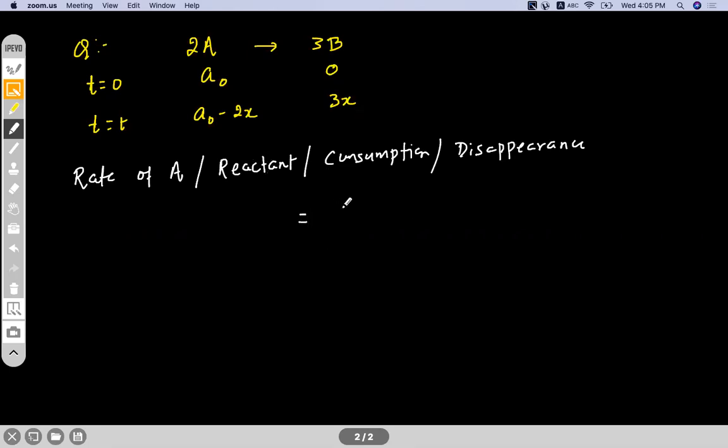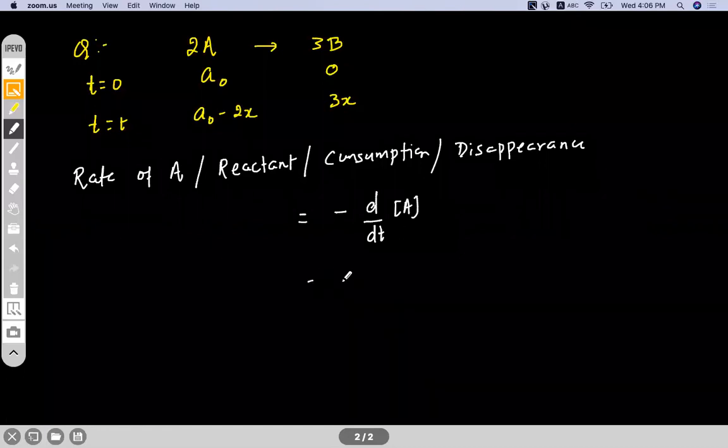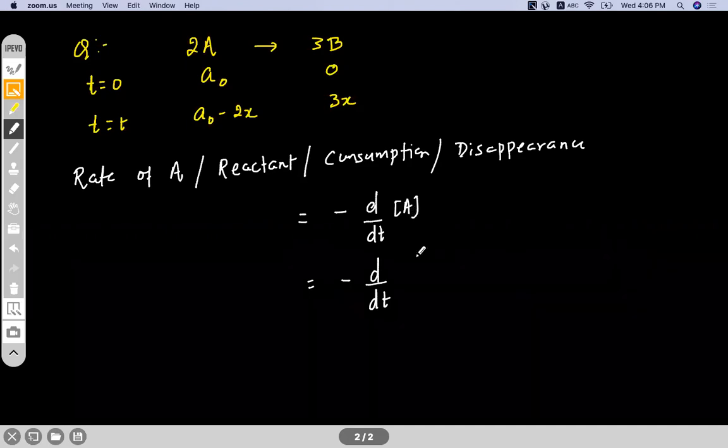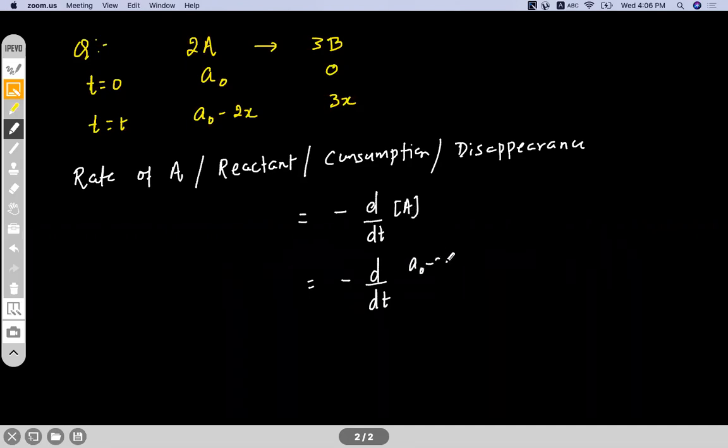This equals minus d by dt of the concentration of A, the instantaneous rate. For a reactant we always take the negative sign. The expression becomes minus d/dt of final minus initial, that is A naught minus 2x minus A naught. When you solve this you get minus of 2 dx by dt. So minus dA by dt is equal to 2 dx by dt.